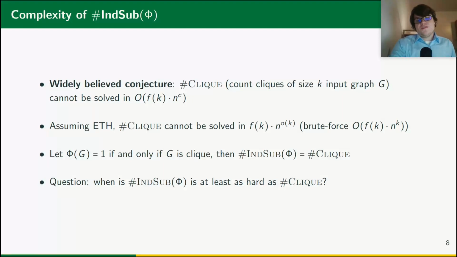And in general, we would like to answer the question, when is this #Sub(phi) problem at least as hard as the clique problem, since this would give us some strong theoretical lower bounds like this one here. Being equivalent to clique in this manner is also known as being #W[1]-hard.